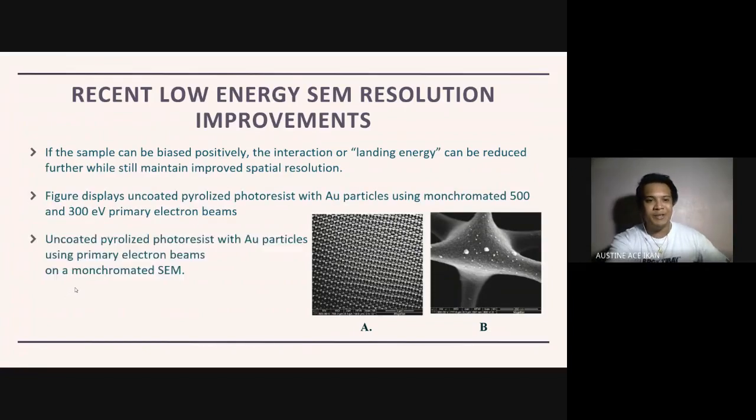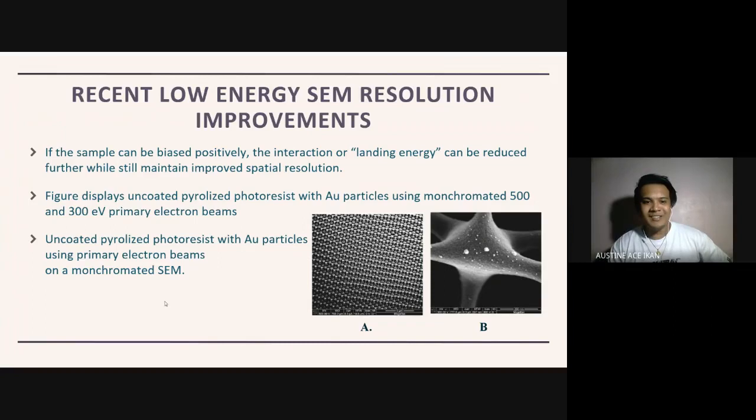As you can see in the figure display, it is an uncoated pyrolyzed photoresist with gold particles using a monochromated 500 and 300 electron volts primary electron beam. So letter A is a 500 electron volts primary electron beam and letter B is a 300 electron volts primary electron beam. So if the sample can be biased positively, the interaction or landing energy can be reduced further while still maintaining improved spatial resolution.